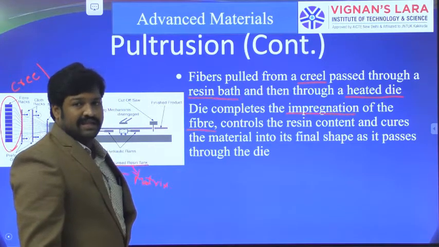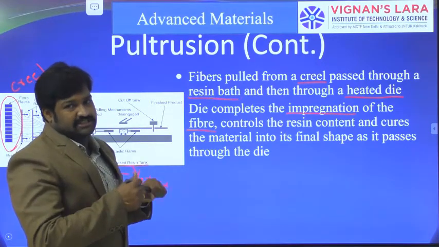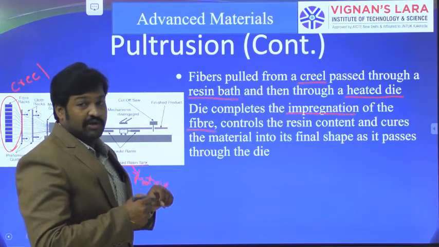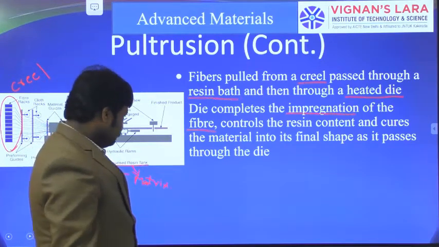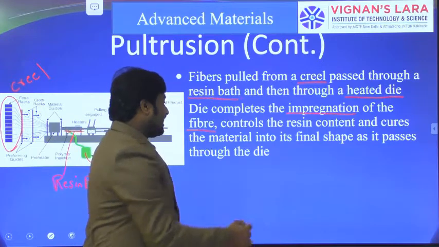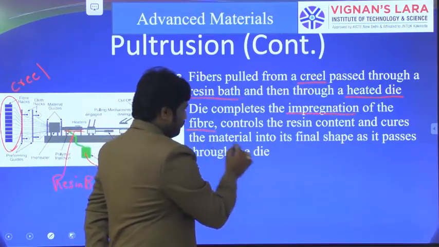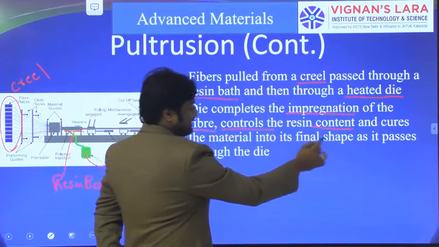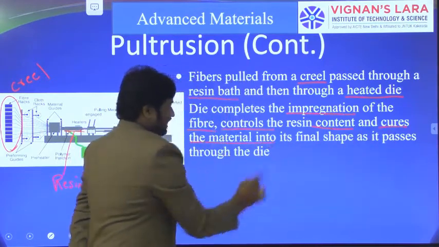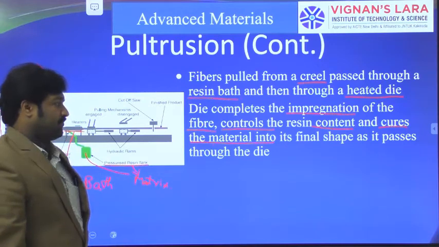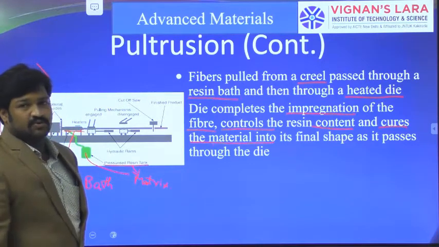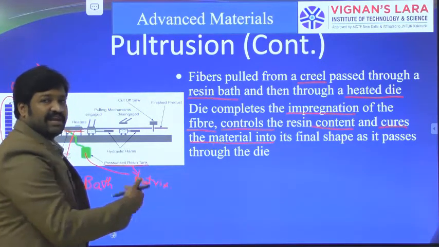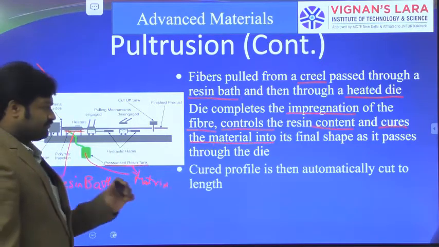As we know, the die has different cross sections, so those dies control the matrix material. It controls the resin content and cures the material into its final shape as it is processed through the die. So after passing the die, we get the final shape of the component.